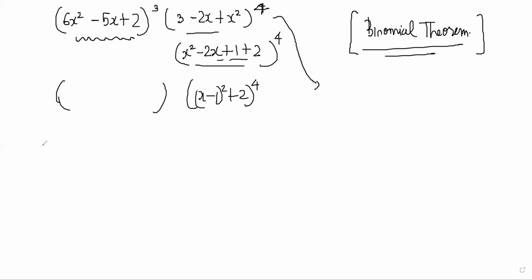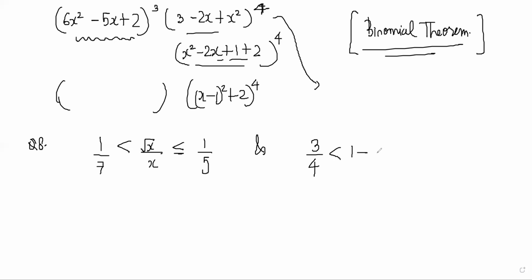Question number 8. Given that 1 by 7 is less than root x by x is less than or equal to 1 by 5, and 3 by 4 is less than 1 minus root y by y is less than or equal to 8 by 9, where x and y are whole numbers.